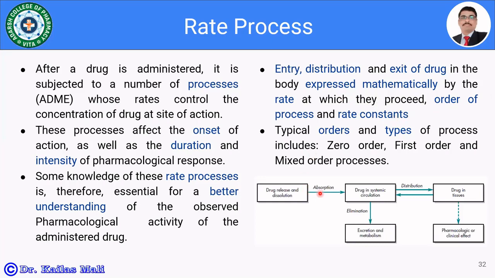Typically, the orders of process in pharmacokinetics include zero order, first order, and mixed order processes. There are many other order processes also, which may be used widely in reactions.